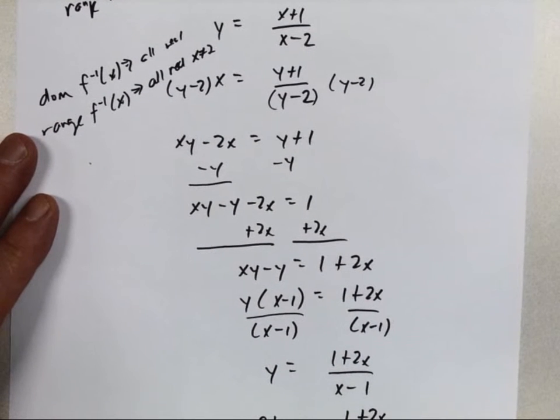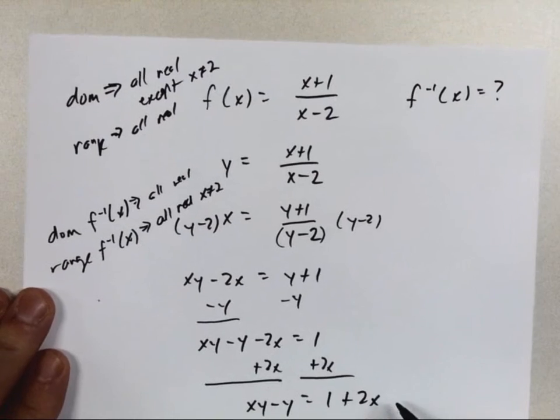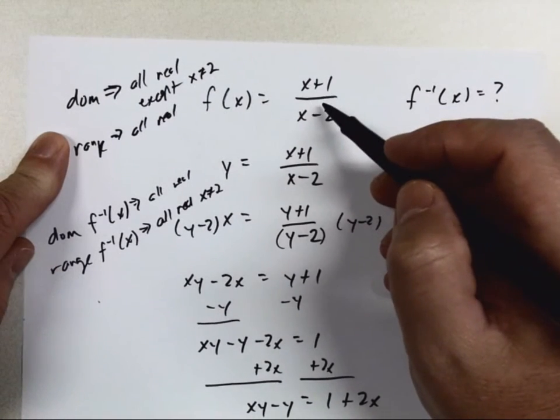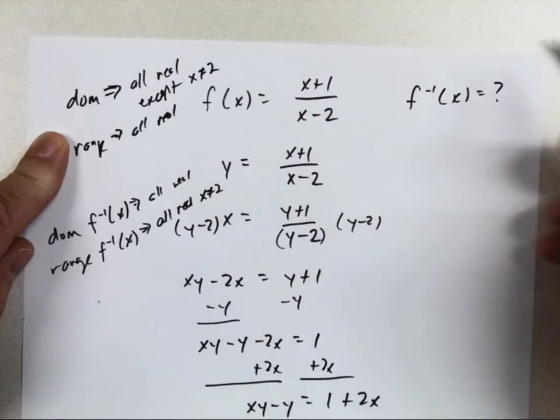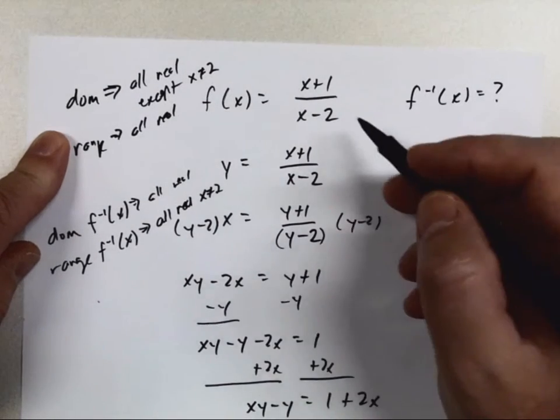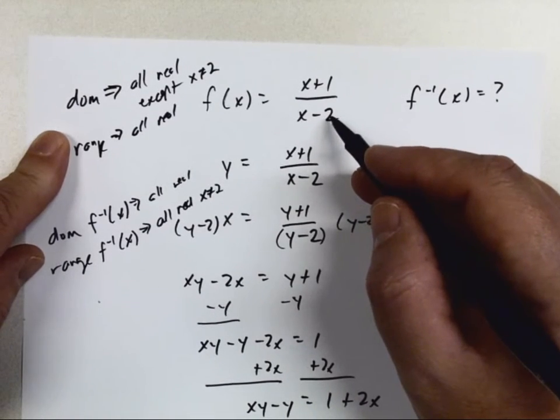I'm either confusing myself or misunderstanding. Let me talk through this again. The domain of the function is x cannot be 2. Oh, you know what?